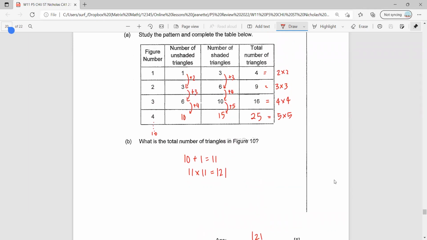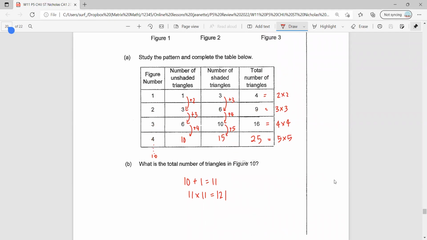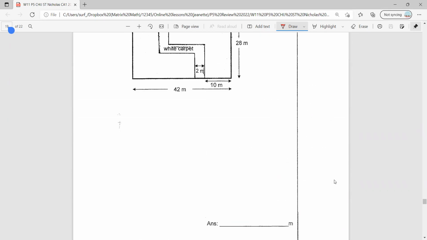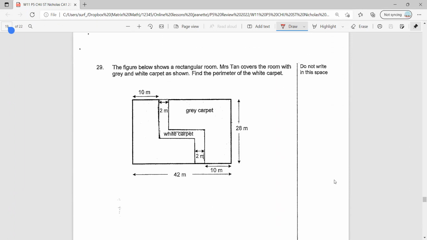Okay, then let's look at question number 29, which is the area perimeter. Okay, this is a rectangular room.